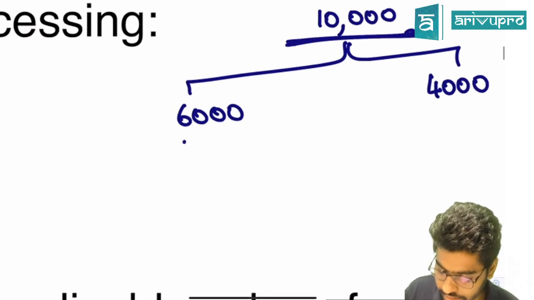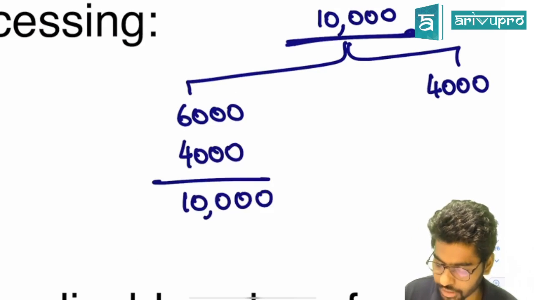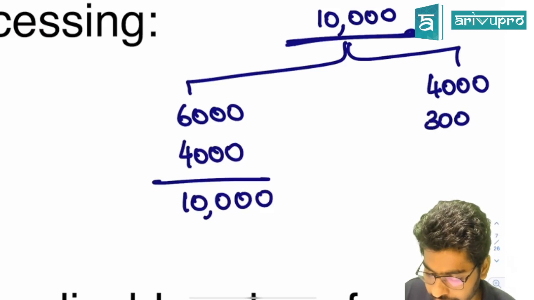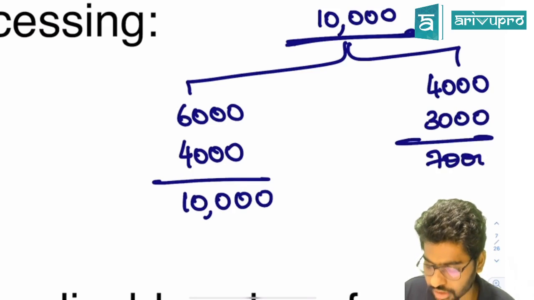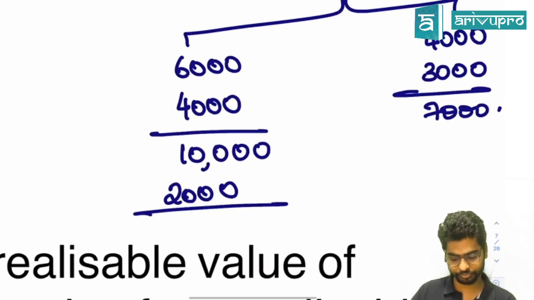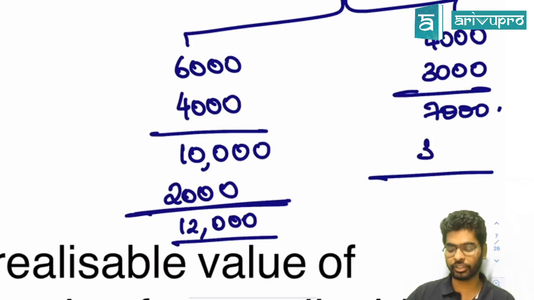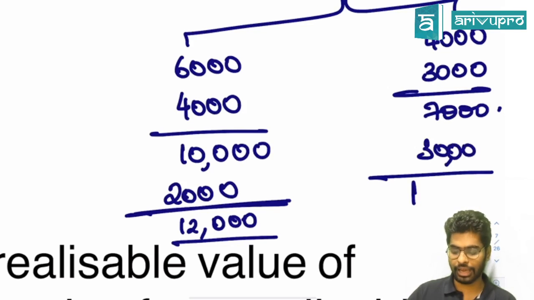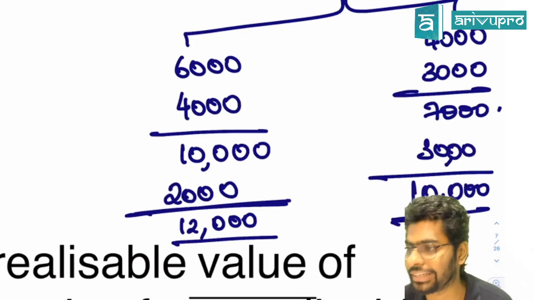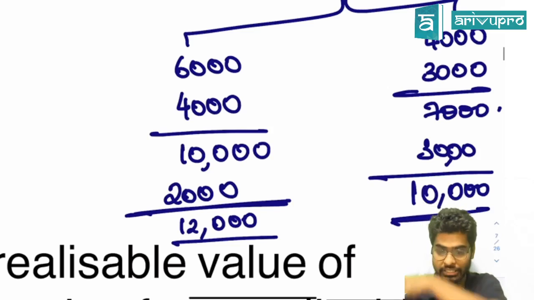You incurred an additional 4,000 expense here, so the product cost is 10,000. Here you incurred an additional 3,000, so the product cost is 7,000. You wanted to make a 2,000 rupees profit, so you are trying to sell it at 12,000. Here you wanted to make 3,000 and sell it for 10,000. What is the net realizable value at the split off point is the question.